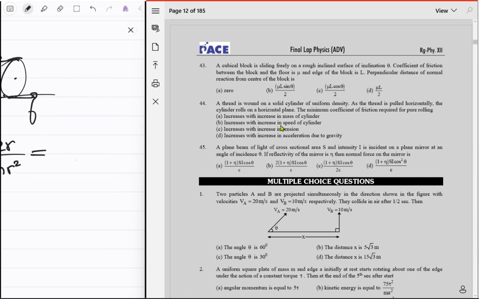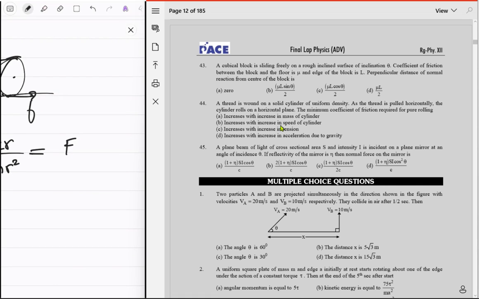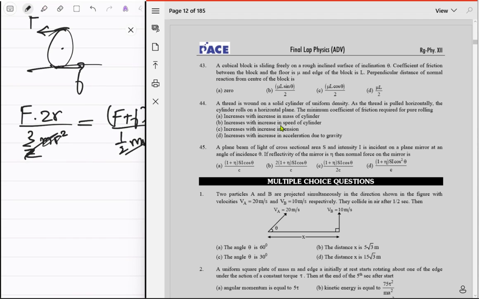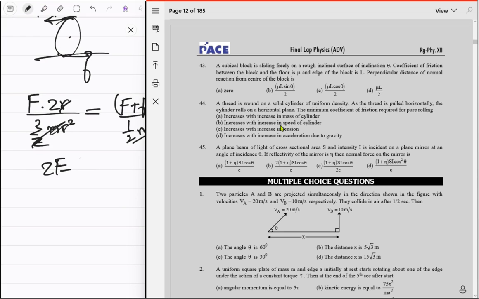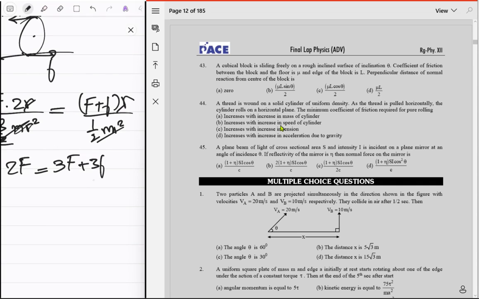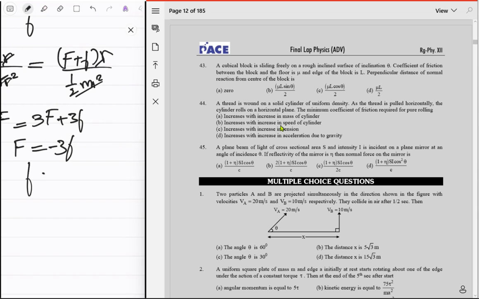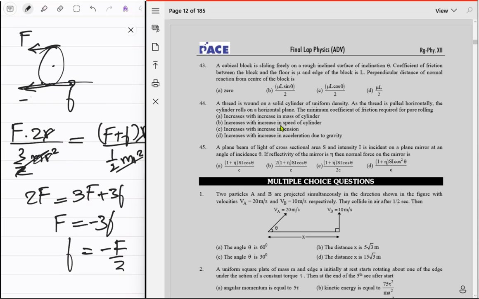So it has f plus small f times r upon half mr squared. Then the r cancels, so 2f is equal to 3 small f, meaning the friction force is just negative f upon 3, in this direction.